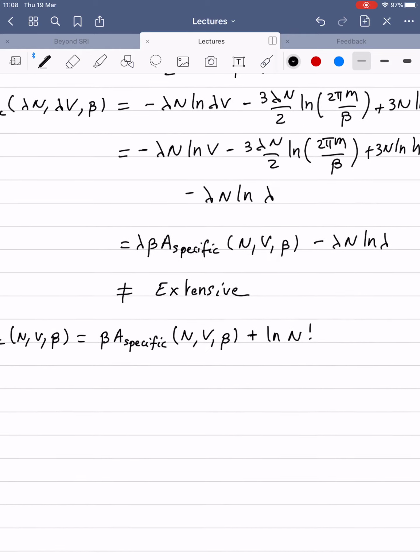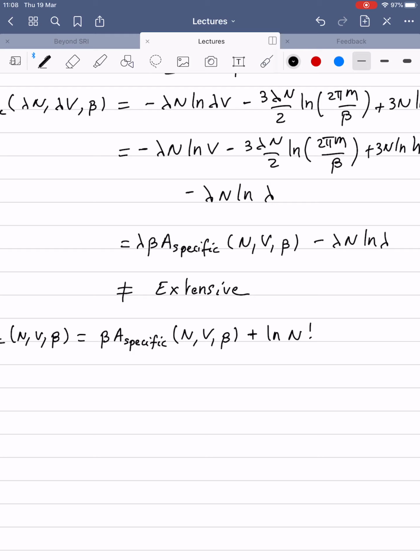And then what I'm going to do is express this in the following manner by using Stirling approximation. So specific n, v, beta, and then plus n log n minus n.